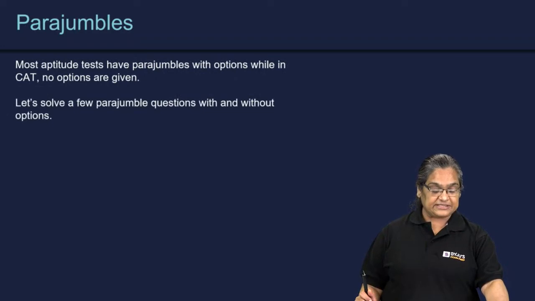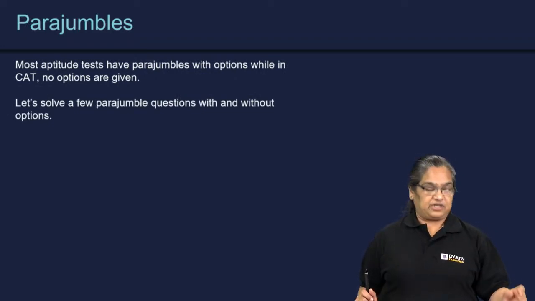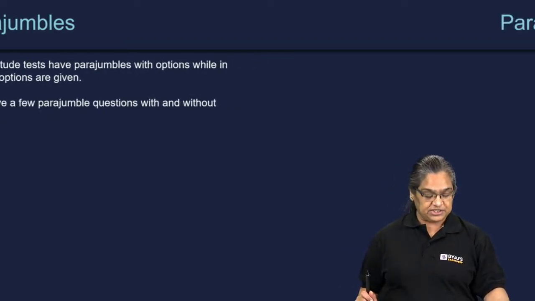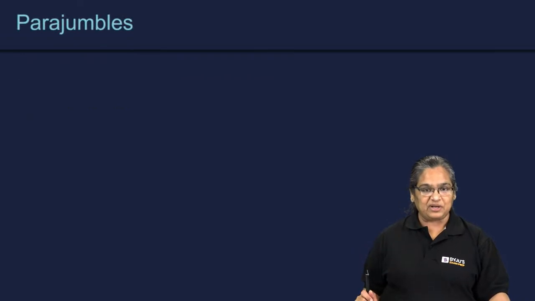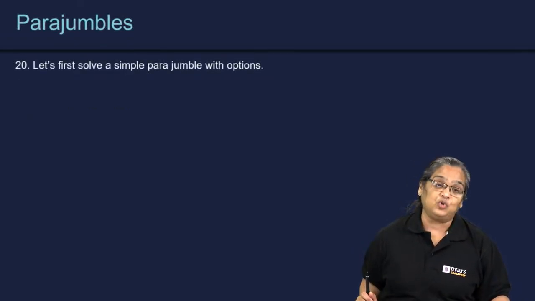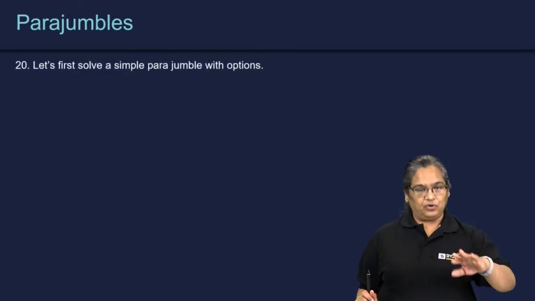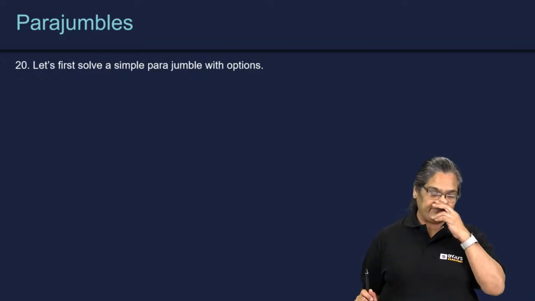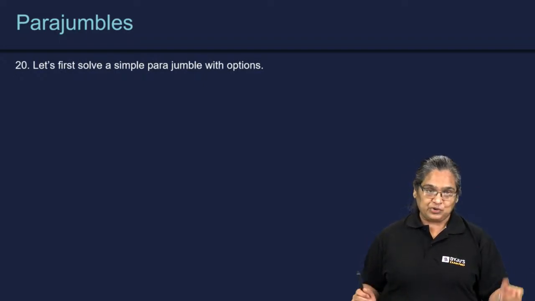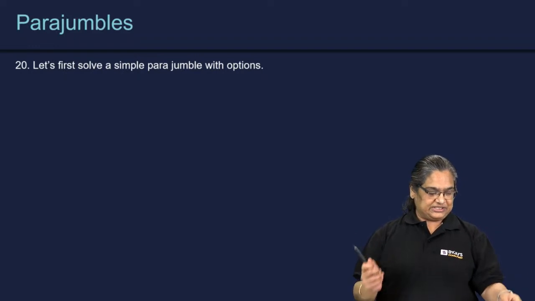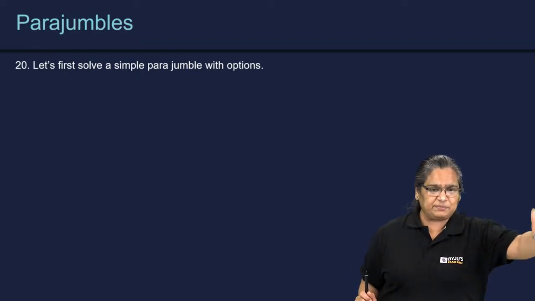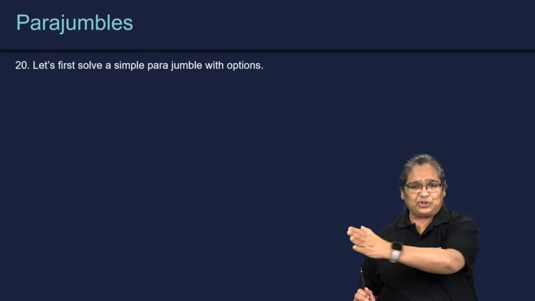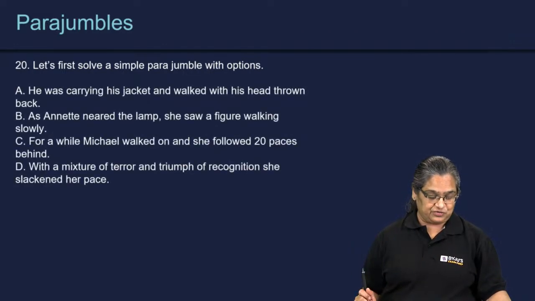The difference is most exams give you para-jumbles with options, and CAT, being a superior exam, gives you para-jumbles with no choices. But of course, to offset the difficulty level, there is no negative marking. So it's a double-edged sword. Should I spend 2 minutes and solve this, or should I move to RC? That is the challenge we always have.